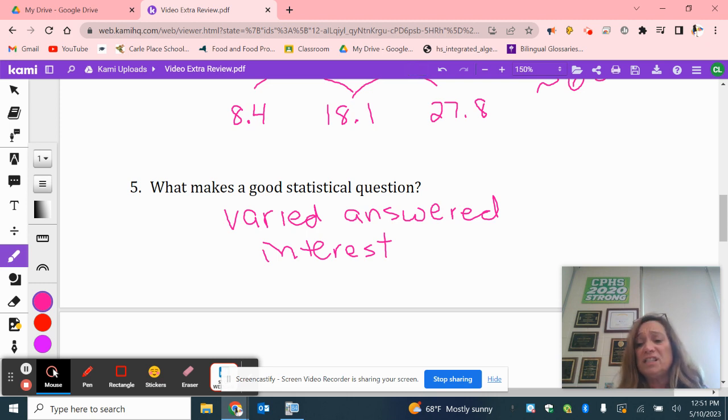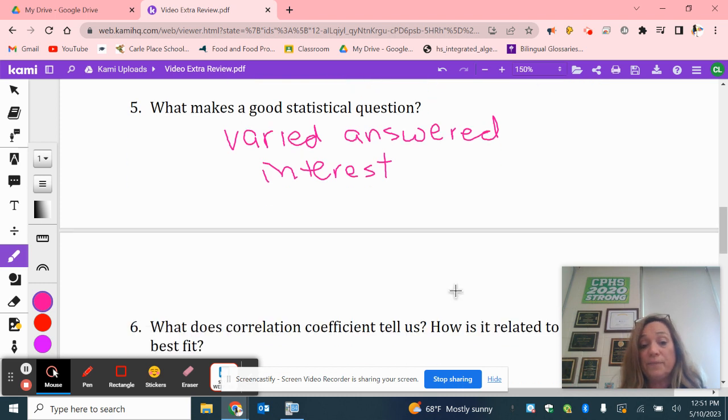So a good statistical question might be, what is the speed of cars going past the school? There's a thing called the school zone and you have to go slower because it's safer. So maybe I want to find out what's the average speed of people driving. Not everybody's going to drive the same speed, so that's a good statistical question because I'm going to get lots of different answers.